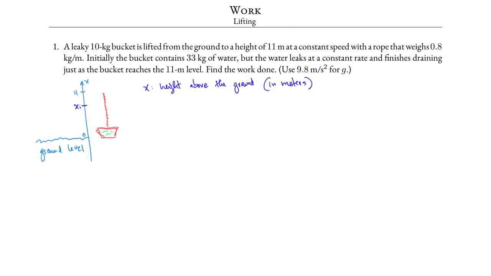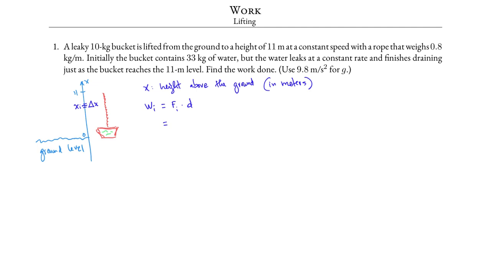Since the mass is not constant, we will consider slicing the mass so that we can lift the mass at each distance delta x. At any level xi, the work is the force times the distance.